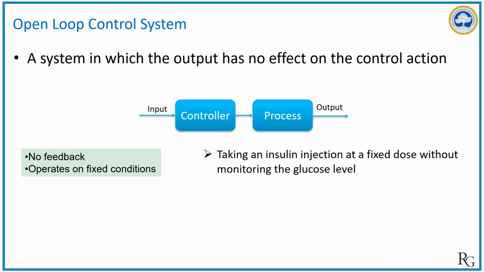That means the patient injects insulin based on routine, not current glucose level. The system does not monitor whether the output blood sugar level has been corrected or not. The advantage of these systems is that they are simple and cost effective, but they lack accuracy and adaptability.